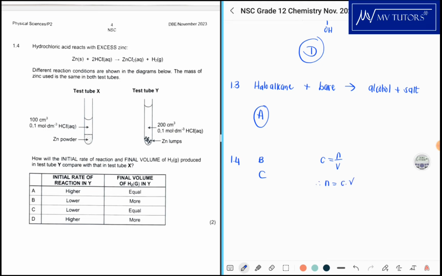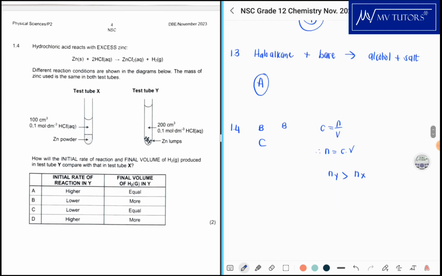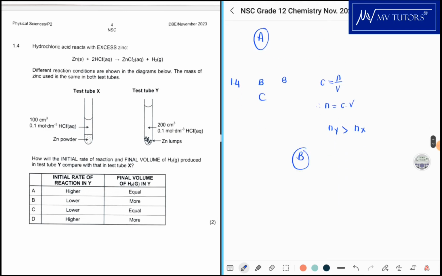So when you get the number of moles in test tube Y, they're going to be more than that of test tube X. Therefore, since zinc is in excess, you'll have more of your hydrochloric acid, more of your hydrogen atoms, so more of the hydrogen gas will be produced in test tube Y as opposed to X. So if we have more, it will be option B. B actually takes the prize here.